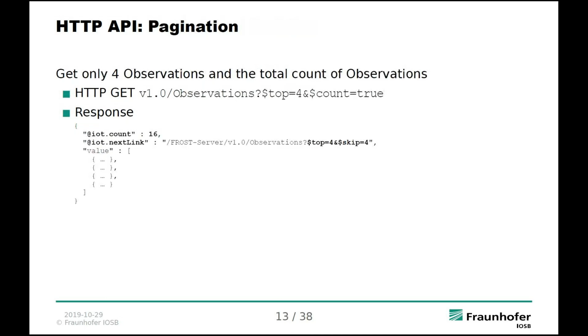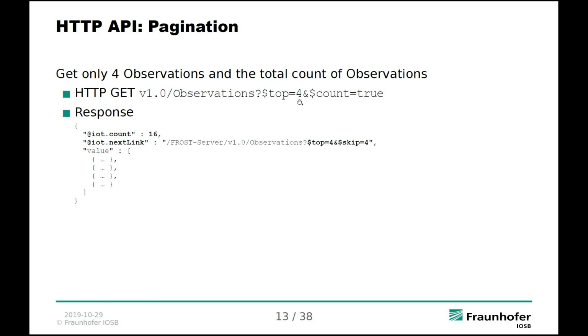There are features like pagination. You can add query options to the URL. For example, all the commands, I would say, in the SensorThings API start with a $ sign. And the question mark here is URL syntax to separate the address from the query parameters. So we have a command which is called top, and you can say, okay, it has a value 4.